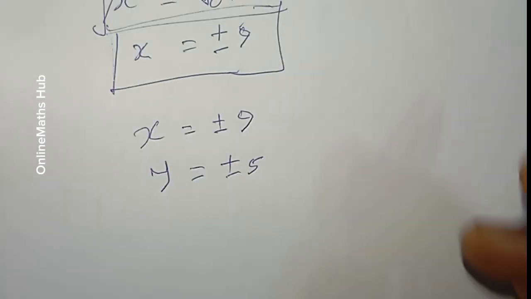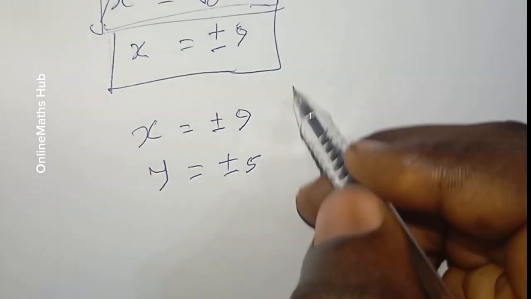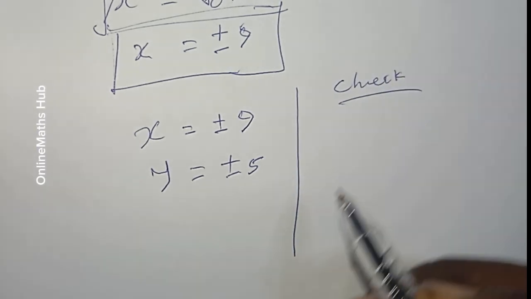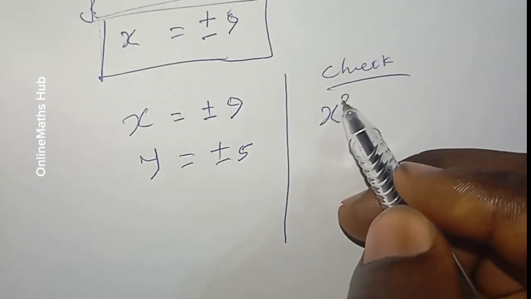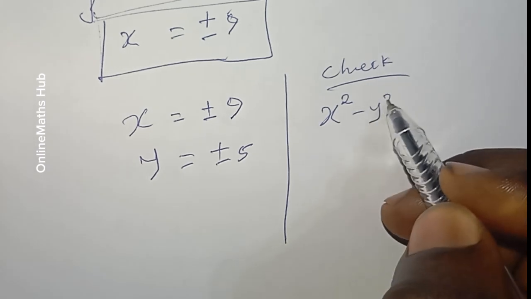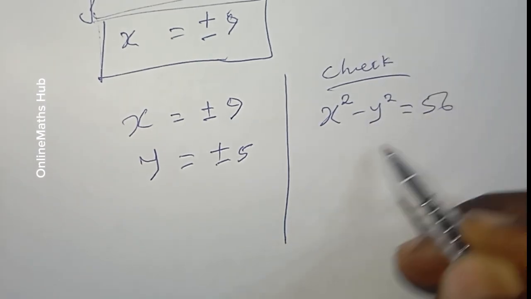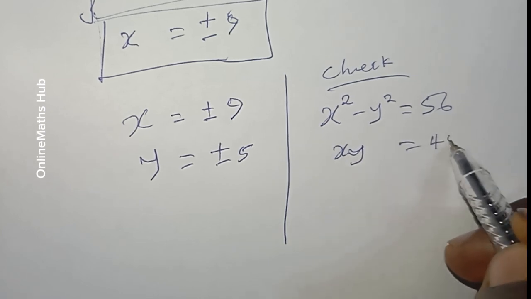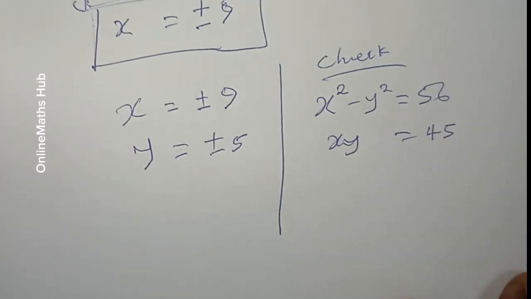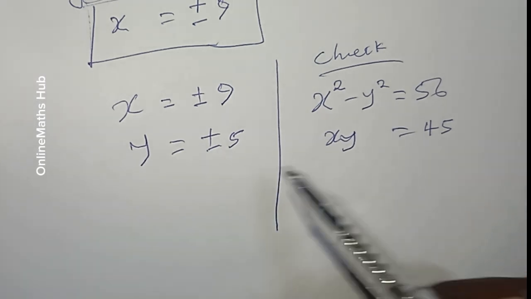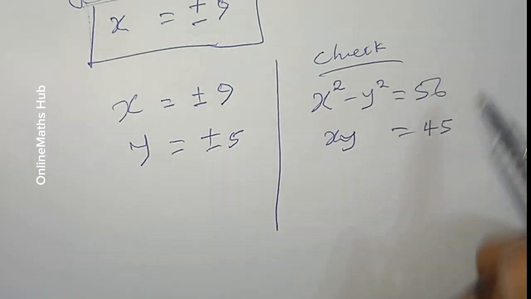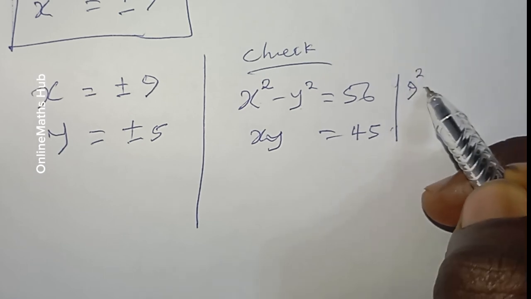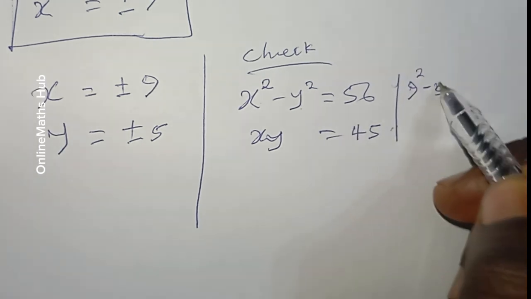Okay, so you actually want to go ahead and check whether these satisfy. If you remember the question we just solved, x squared minus y squared is equal to 56, and x multiplied by y is equal to 45. So for each of these values of x you pick, it is actually going to satisfy this. For x equal to 9, we have 9 squared minus 5 squared.